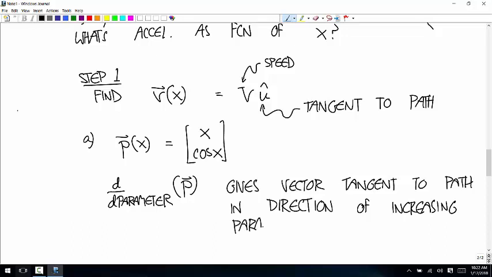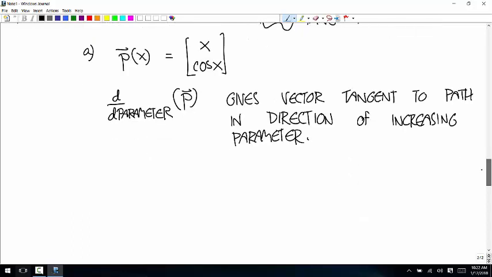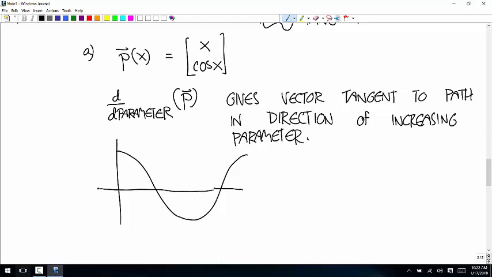So what does that mean, in the direction of increasing parameter? Well, that's a rhetorical question, so don't talk. Just kidding. Okay, so there's the path. Taking the derivative of that position vector with respect to the parameter and evaluating it here gives you a vector that's tangent to that path.